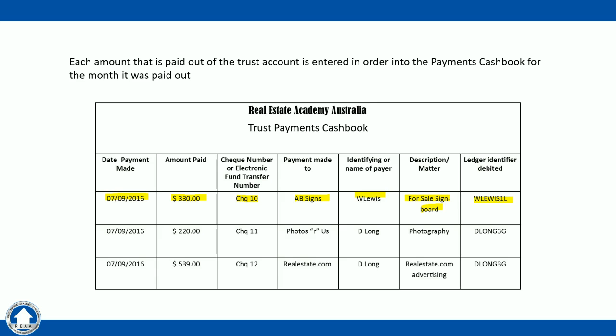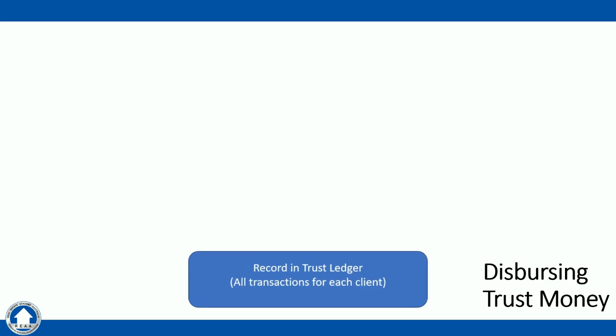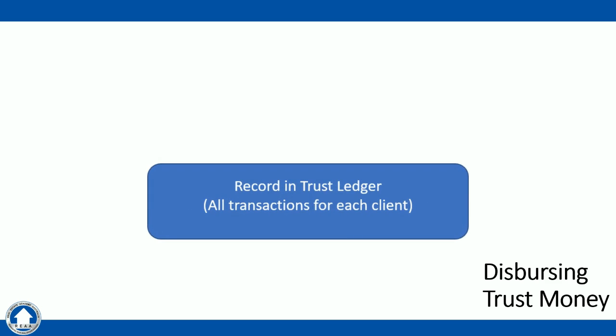So you can see that each of these is in order and how much and the check numbers, so that we have a paper trail that's going to correspond with all of these amounts that have been paid out of the trust account. These payment transactions that are being dispersed from the trust account are going to be recorded in the trust ledger for each client.